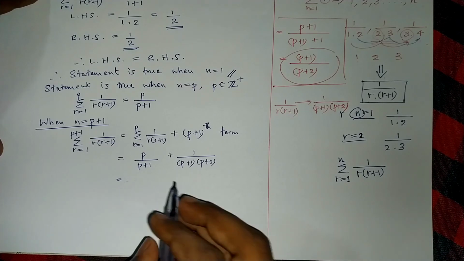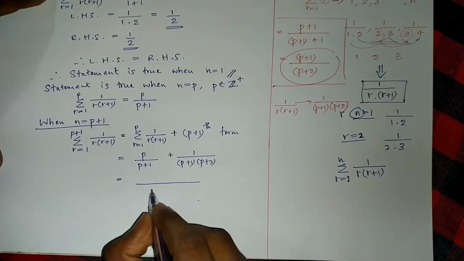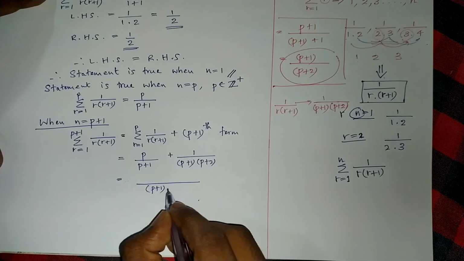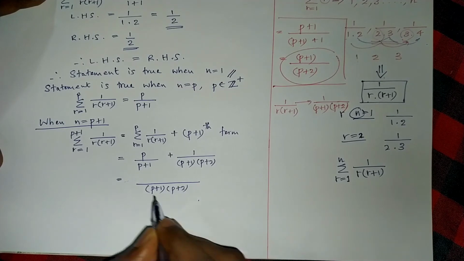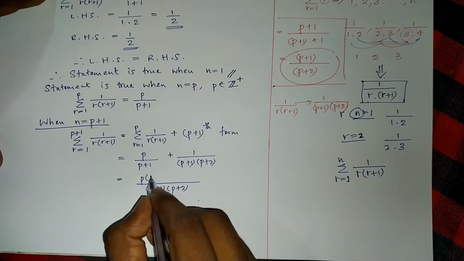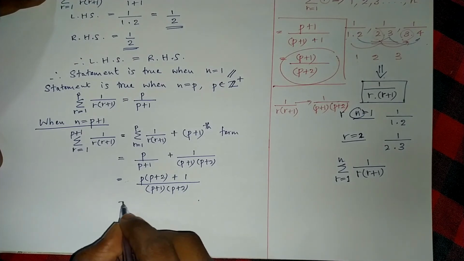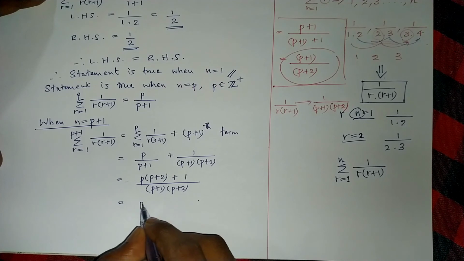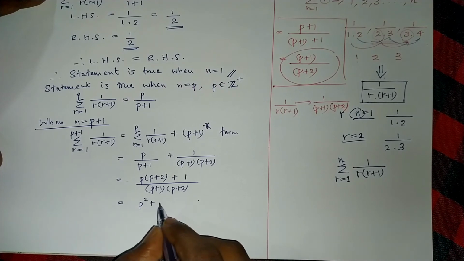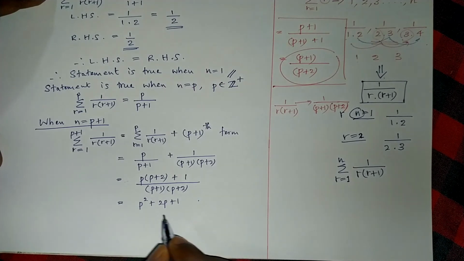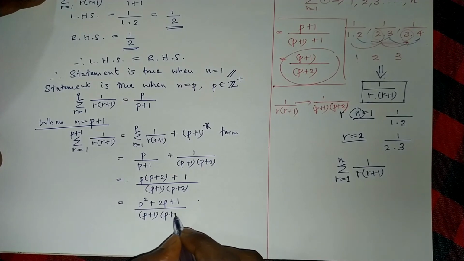For these two, I can take the common denominator, that is p plus 1 into p plus 2. Then this numerator p is multiplied by p plus 2. This is 1. Now remove brackets. We have p square plus 2p plus 1 divided by p plus 1 into p plus 2.